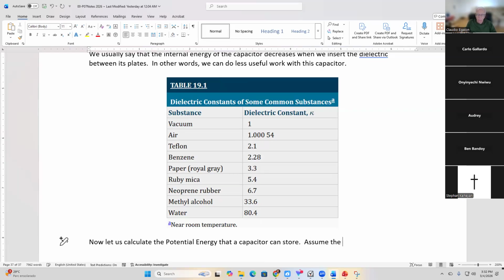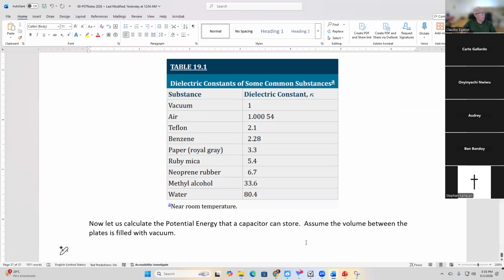Assume the volume between the plates is filled with vacuum. Then we worry about the energy once we insert a dielectric. How do you calculate that?